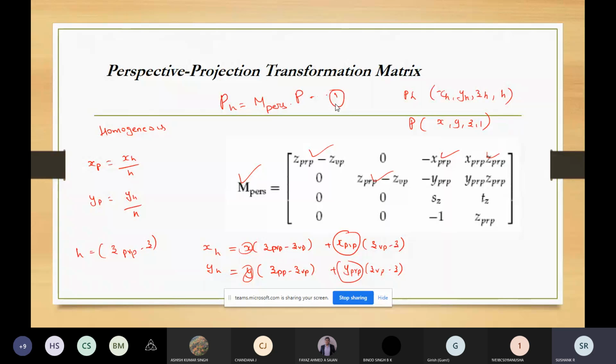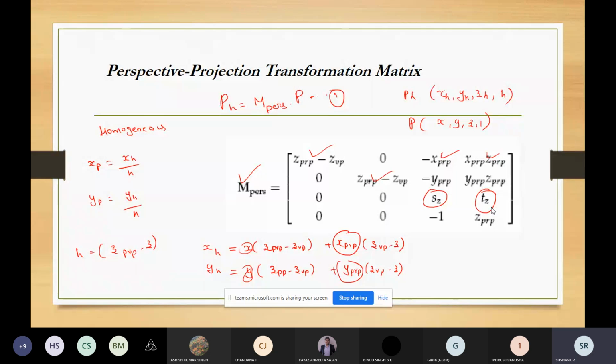Here you can see we have sz and tz. S refers to the scaling values, and t refers to the translation value. The values of this scaling and translation depend on the normalization which we get. So this is regarding the perspective projection transformation matrix.